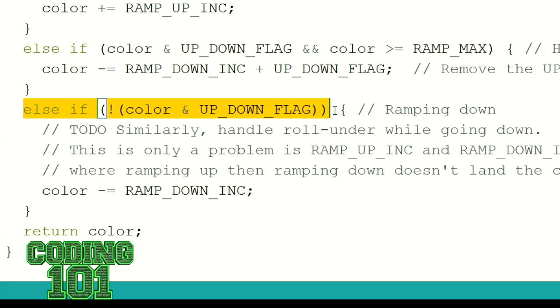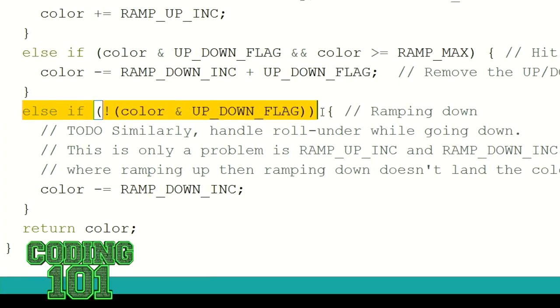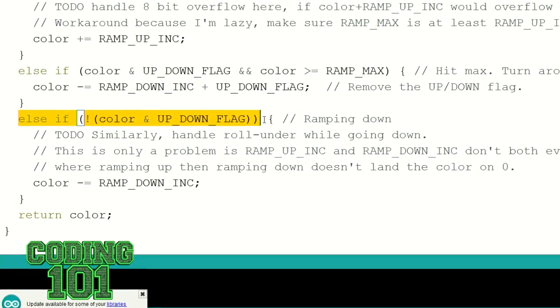Now, you'll notice I have a couple of to-dos in here. We have some weird conditions. As long as you pick your pound defines up at the top of the program correctly, your ramp up will go up by a certain amount and hit a certain value, and your ramp down will go down by a certain amount and always hit 0. The values that are in there right now are safe.